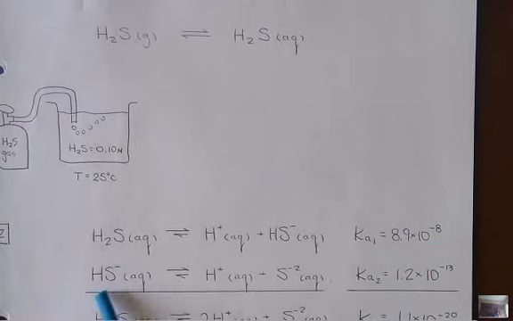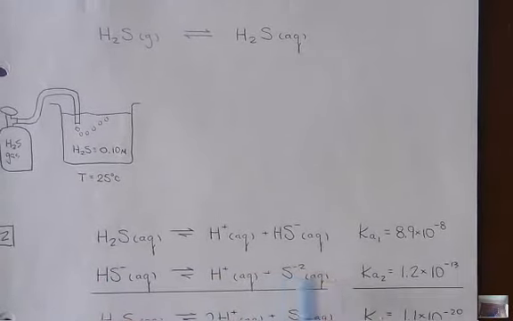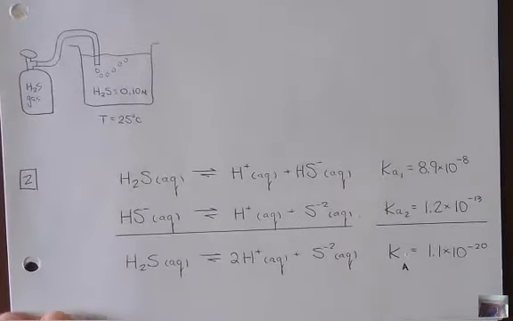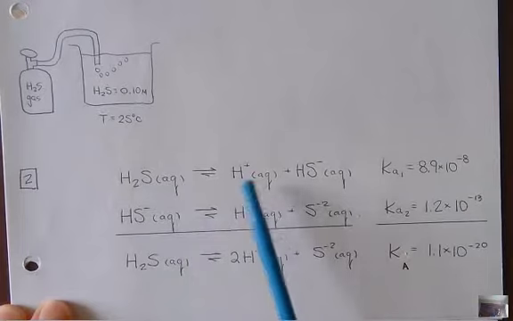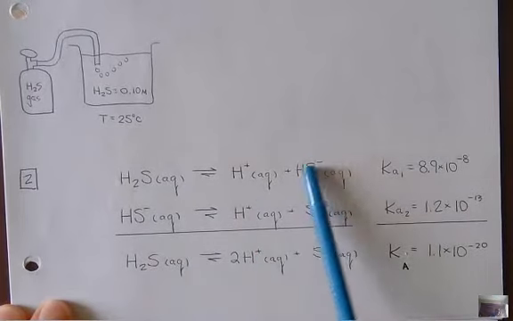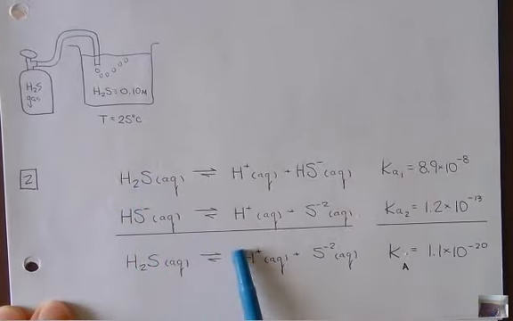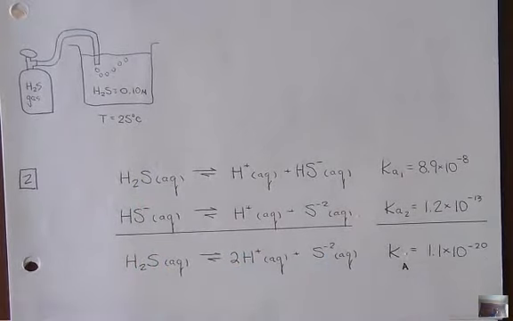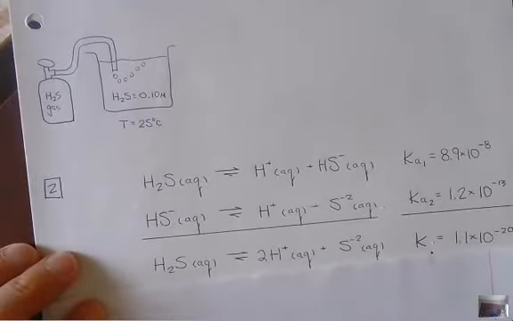But it can come off, so you make another H plus, and you make sulfide ions. If you put the two together, you get the overall equilibrium constant. Add up the two reactions. This intermediate cancels out, and I get H2S decomposes to give me the two H pluses plus S minus 2. Now remember, you could have also rewritten that like this.